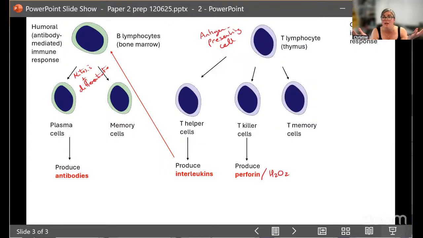If you've got memory cells there, you're going to therefore want to activate them as well. So the interleukins are going to activate the B lymphocytes to go through their clonal expansion. But you also remember interleukins are going to activate our signal for your phagocytes to come to the area. And so the phagocytes coming to the area will therefore help with the engulfing and digesting.